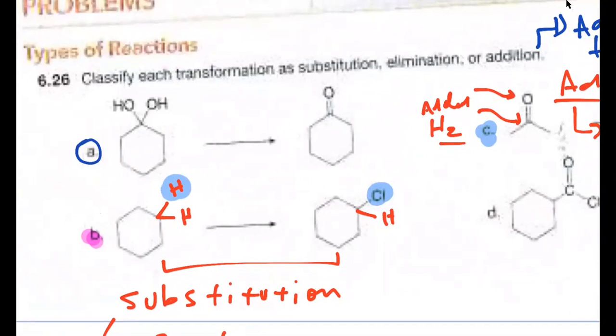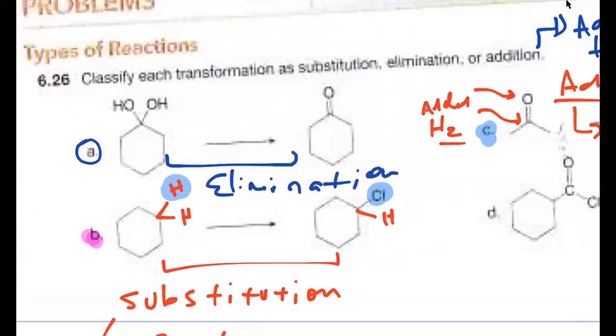This is an example of elimination. What do you notice in the product? What did I make? I made a double bond, didn't I? That's one of the key characteristics of elimination, that you always end with a multiple bond, either a double or a triple, right? So this is an example of elimination, and I lost something to form a pi bond.